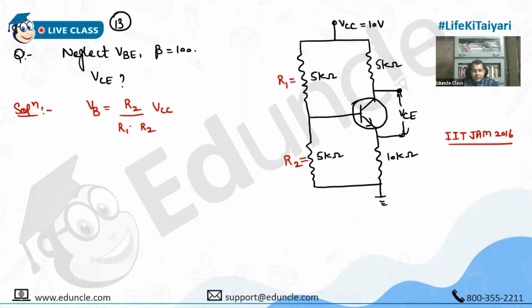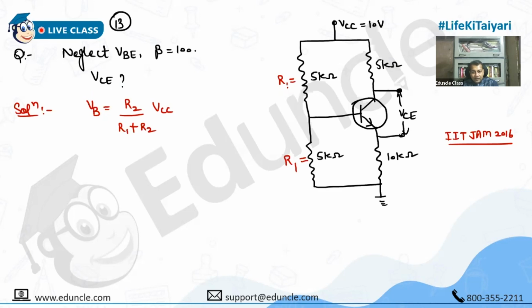But don't cram this formula, okay? Sometimes students cram this formula, and the examiner is smart enough to interchange R1 and R2. Sometimes he calls this R2 and this R1, and some of the students went with the same formula in the past.